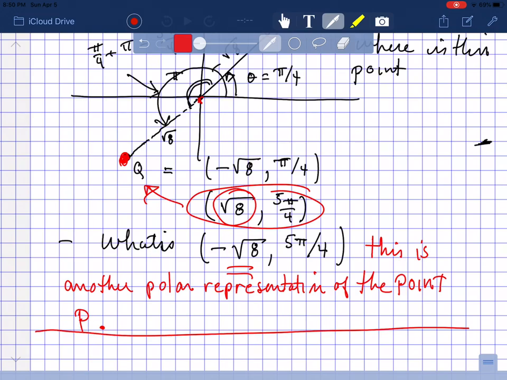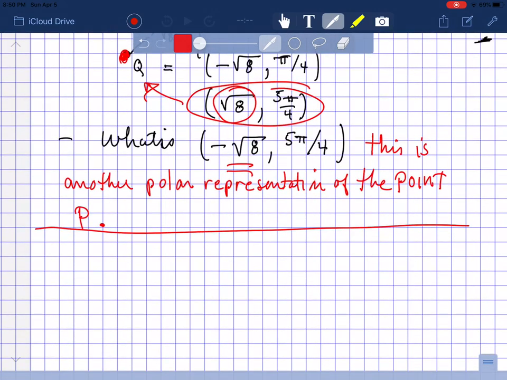Here, however, if I have a point, there are infinitely many polar representations for that point.